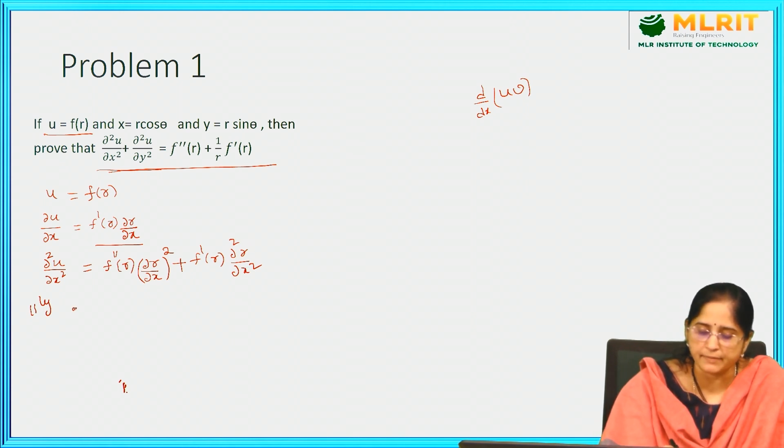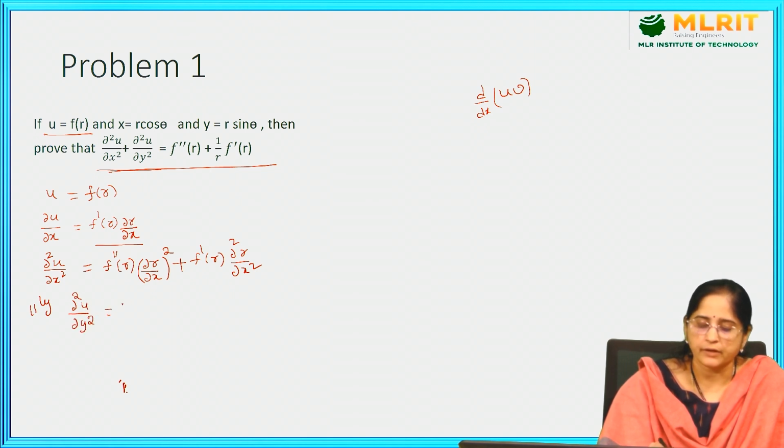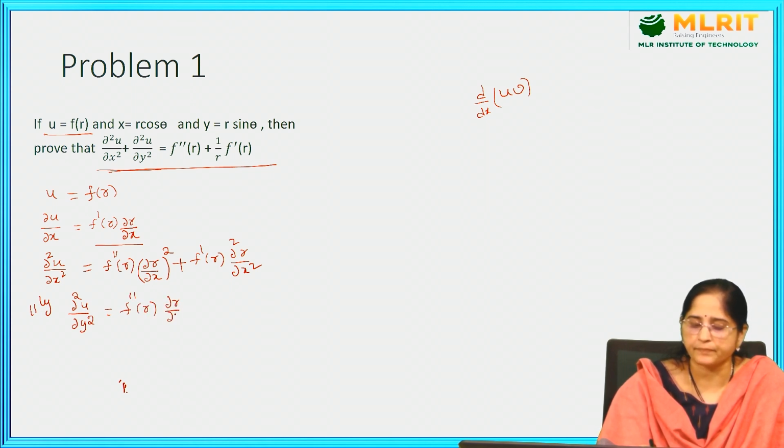So similarly, dou square u by dou y square equals f double dash of r into dou r by dou y whole square plus f dash of r into dou square r by dou y square.